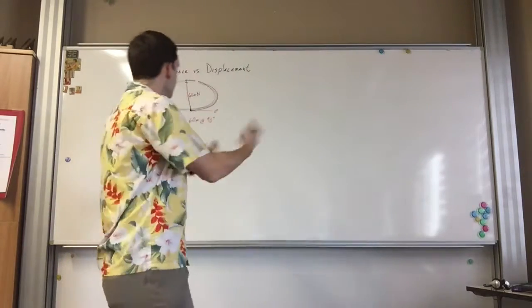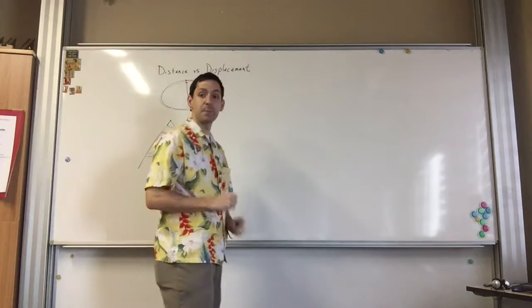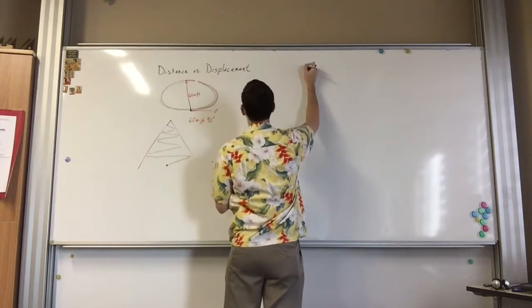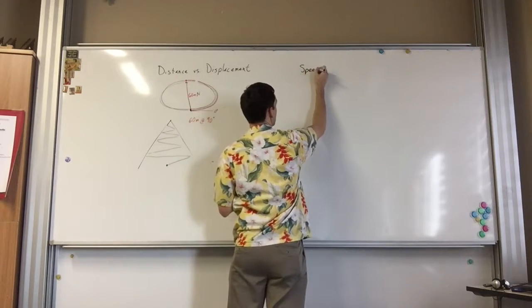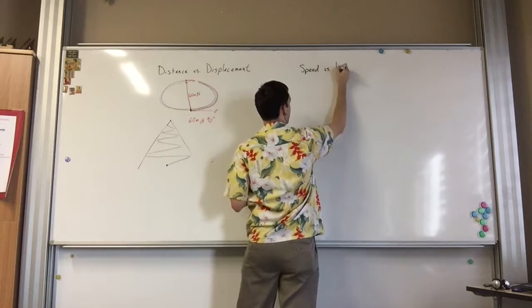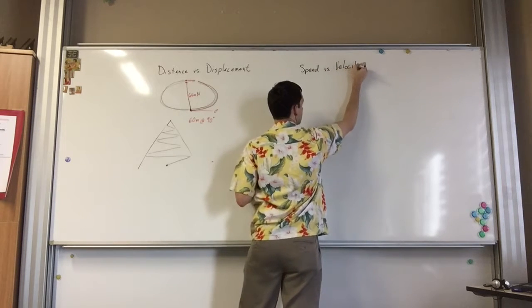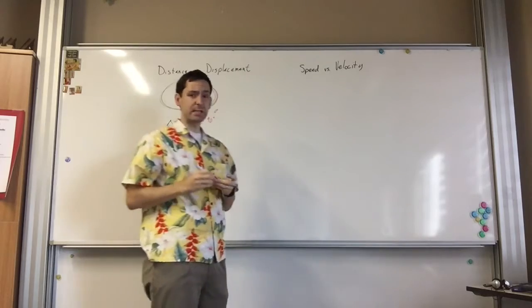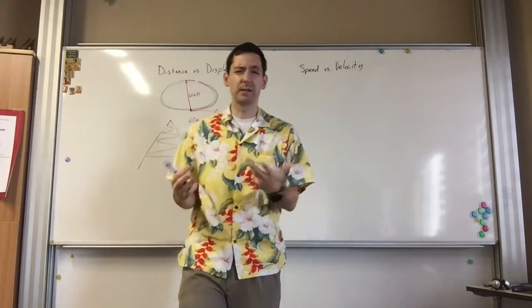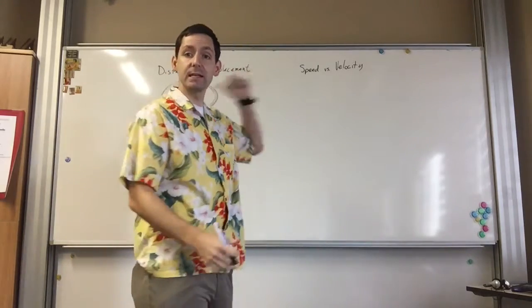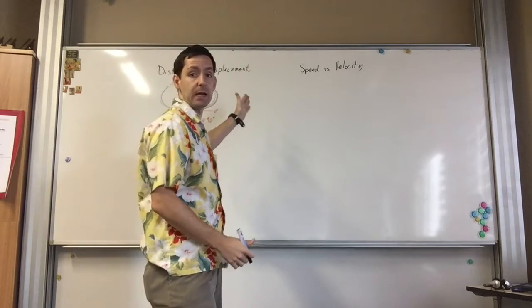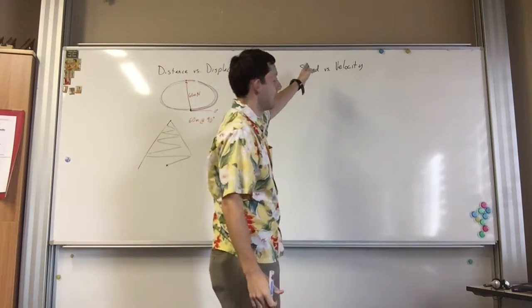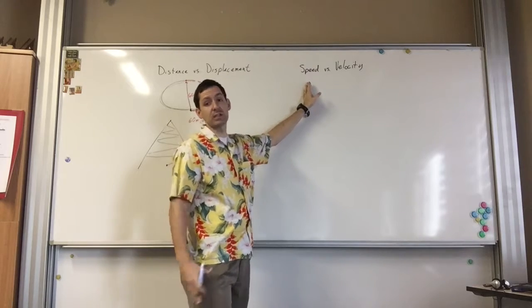All right, so now the next thing we're going to talk about is speed versus velocity. Okay, and same thing. These are generally used interchangeably, but they're not really the same thing. They're close, but just like distance and displacement, speed is a scalar number, which means it just has a magnitude.